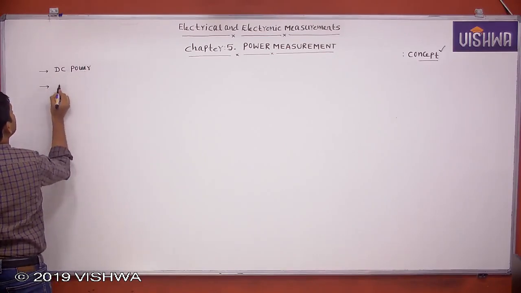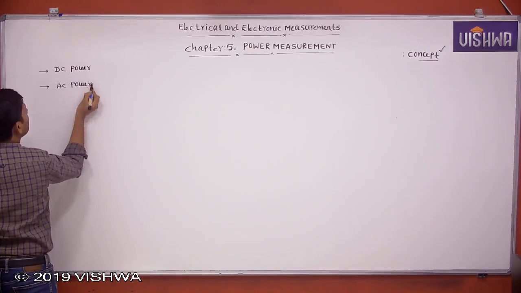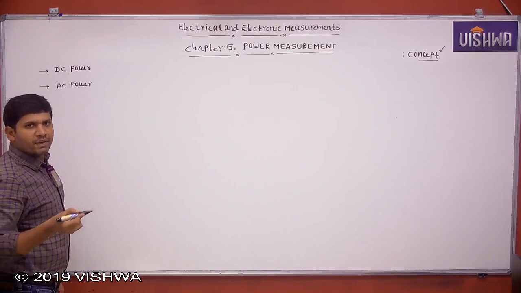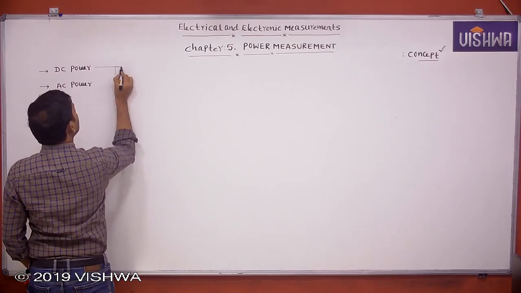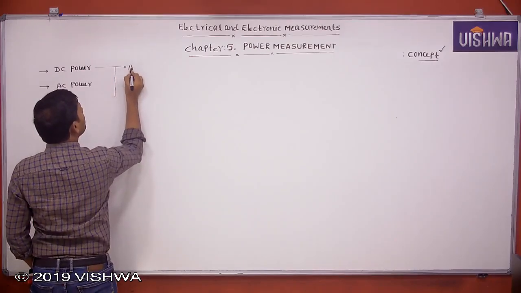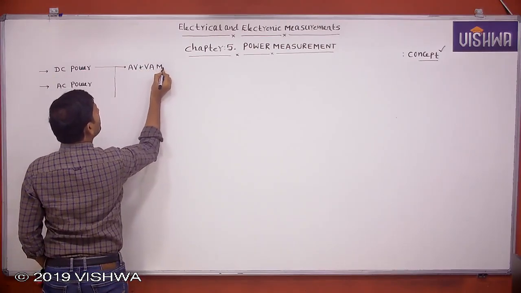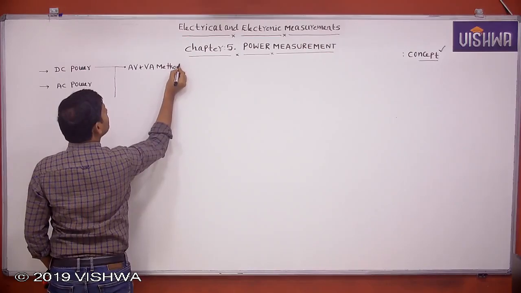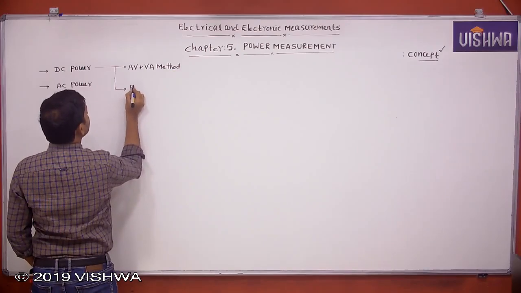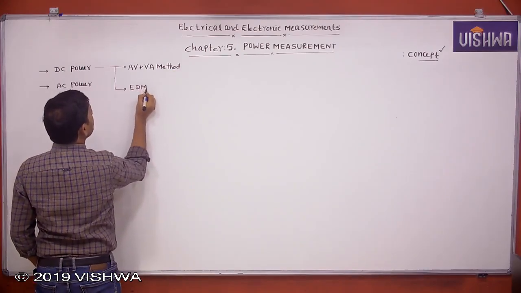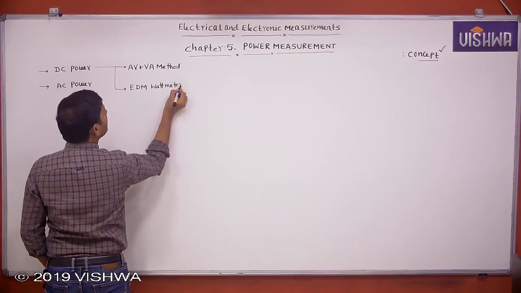With respect to DC power measurement, we can use AV and VA methods, that is the ammeter-voltmeter and voltmeter-ammeter methods. And you also use the EDM wattmeter, that is the electrodynamometer wattmeter.